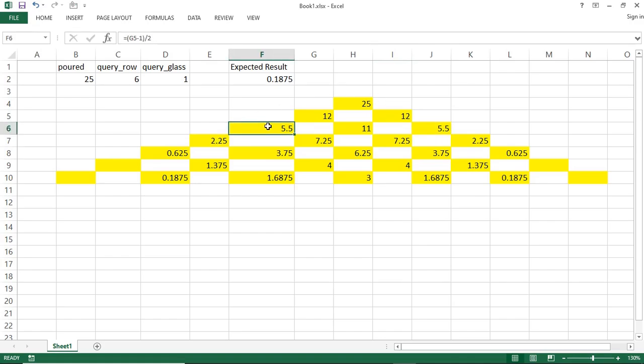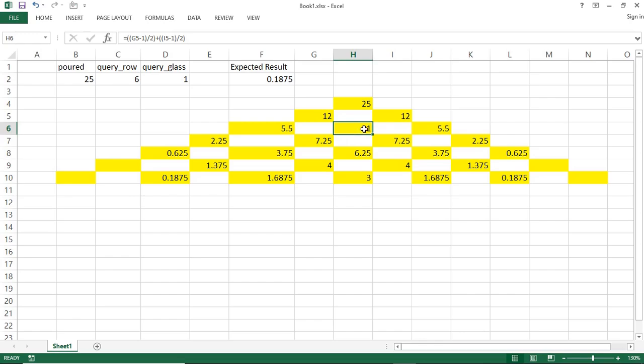Similarly for the below row, from 5.5, one glass will be used by this particular glass and the remaining 4.5 will be equally divided. So half of 4.5 is 2.25. So 2.25 will go here and also 2.25 will go here, but this particular glass will also get the half from the top right glass, right?